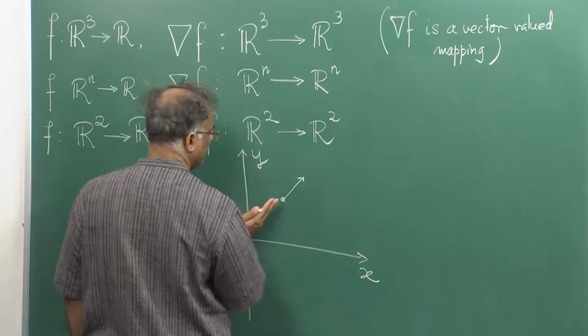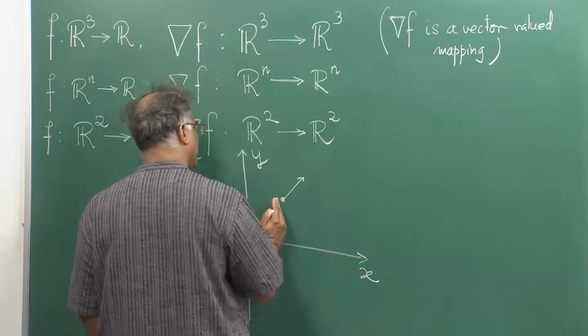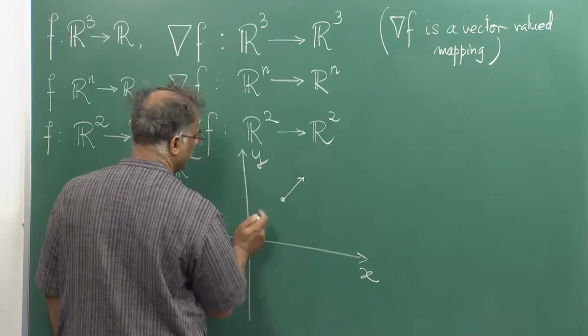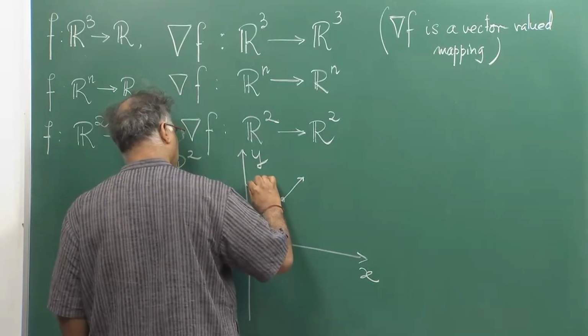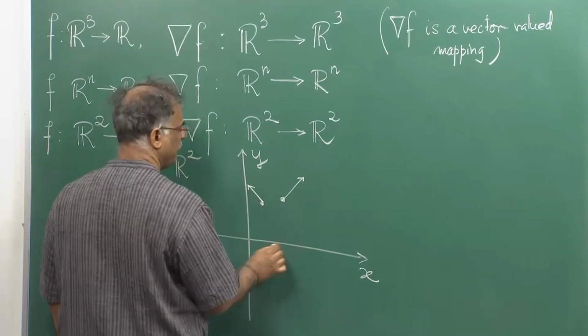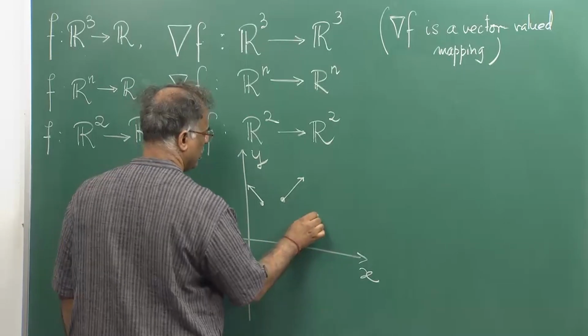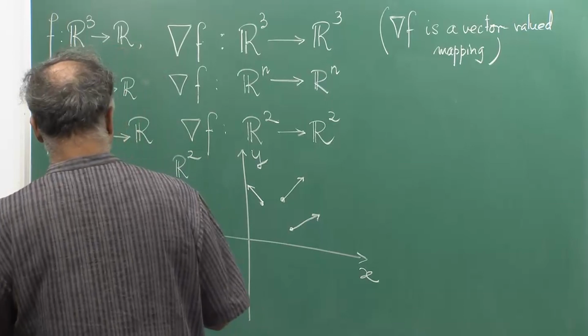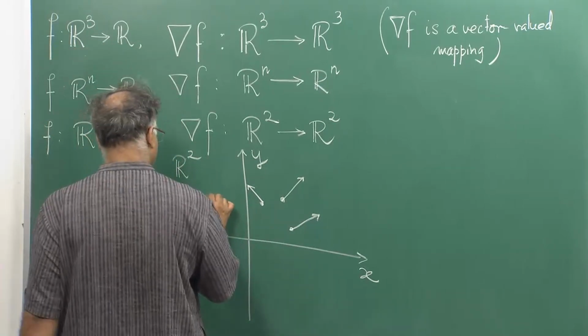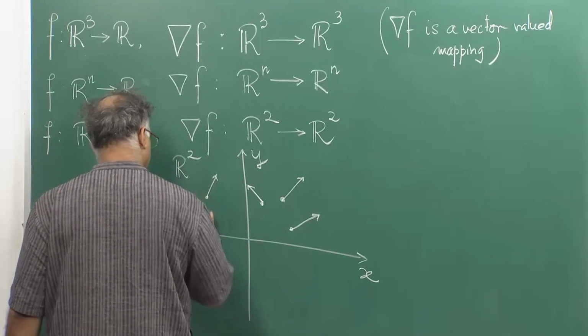So, it gives me some vector in a given direction. Another point can show me a different direction, another point can show another direction, right. So, at every point there is a kind of direction.